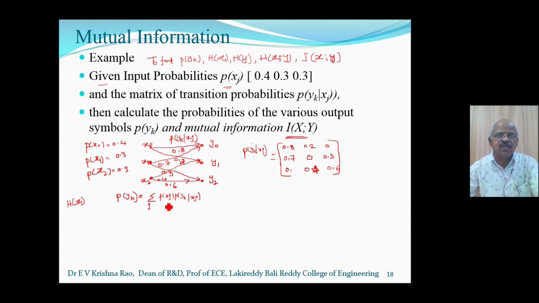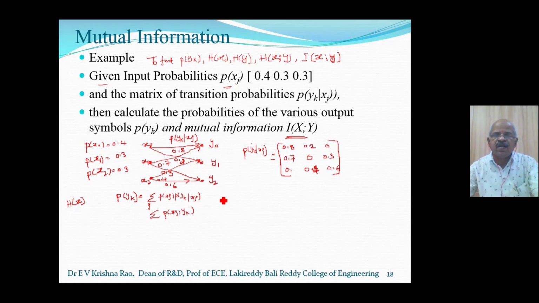So this is the product, nothing but P(yk at xj) times P(xj). This is also the joint probability. You can find out the joint probability also.